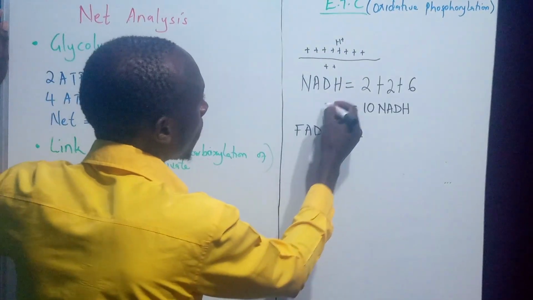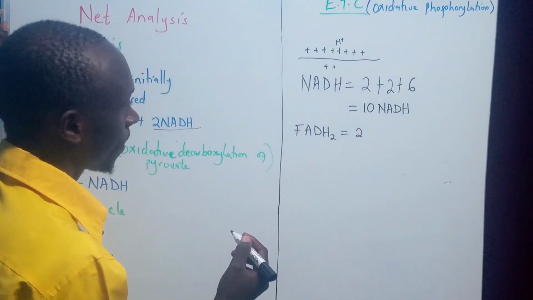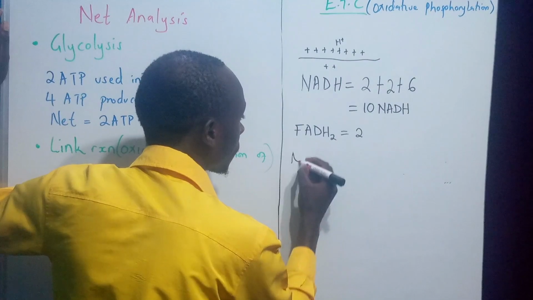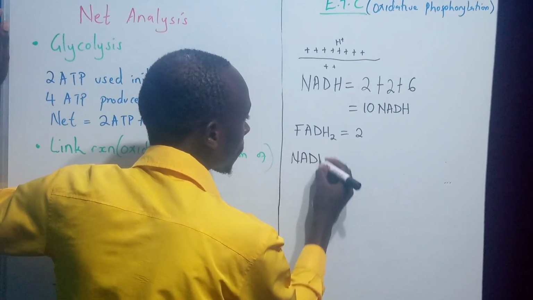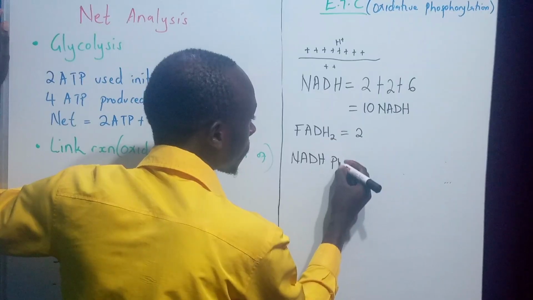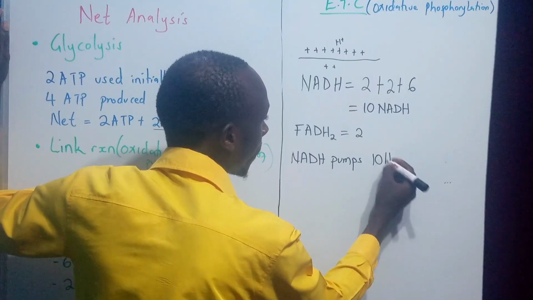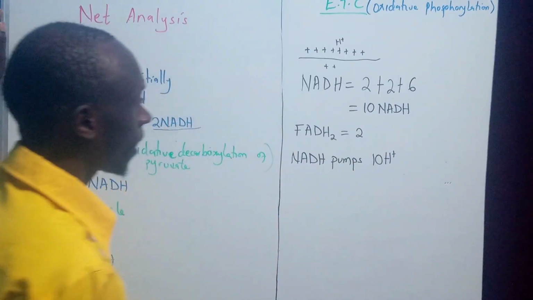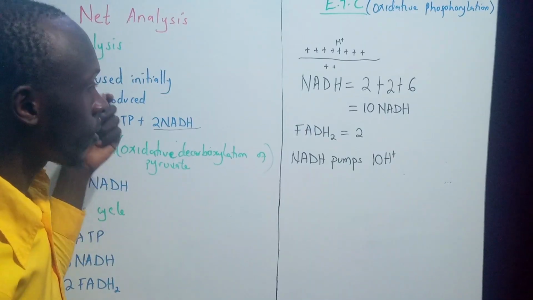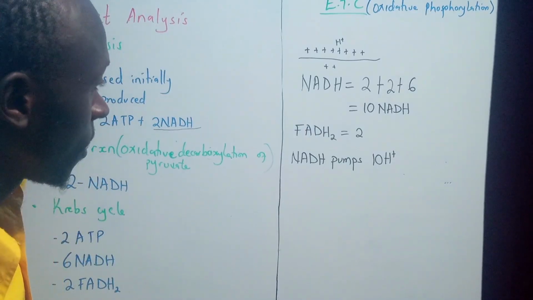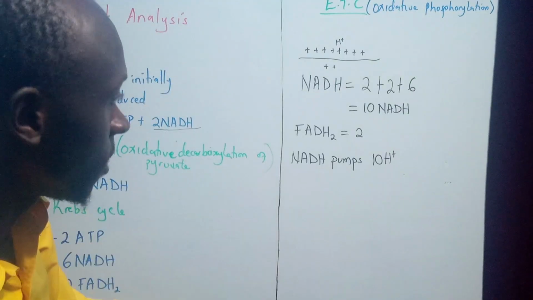NAD pumps more protons than FAD. So NAD pumps 10 hydrogen ions. But remember, the hydrogen ions at a certain stage cross the ATP synthase.